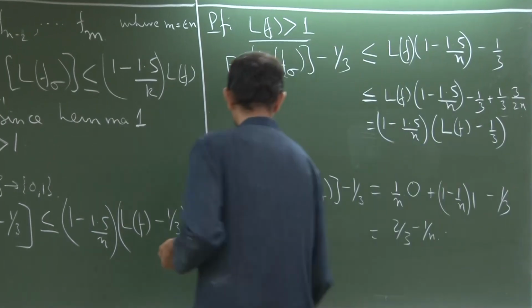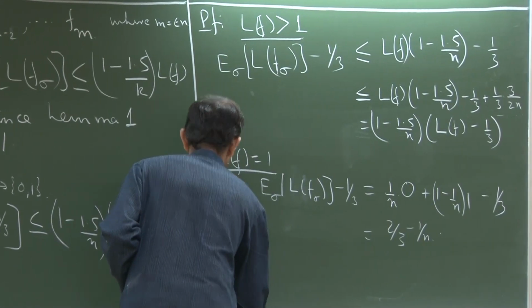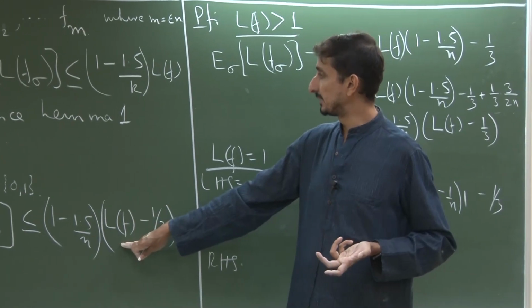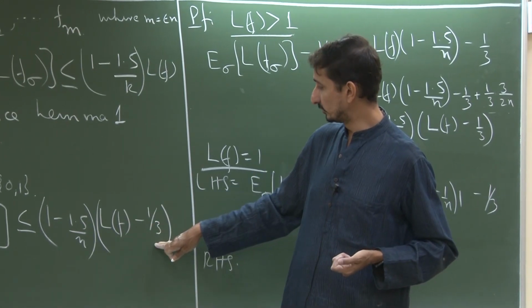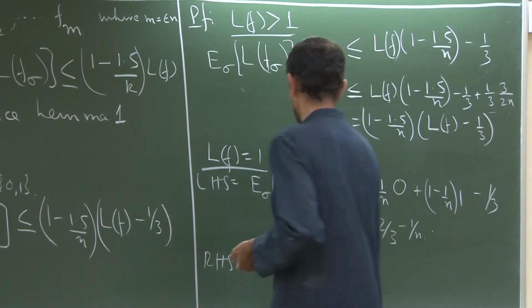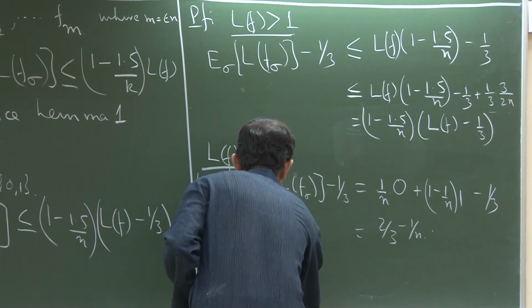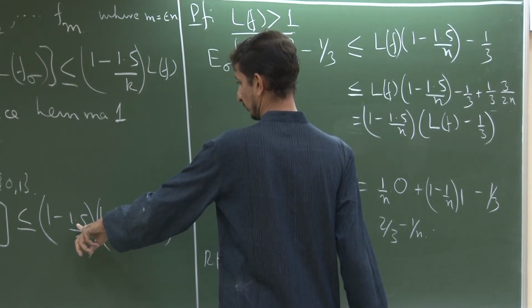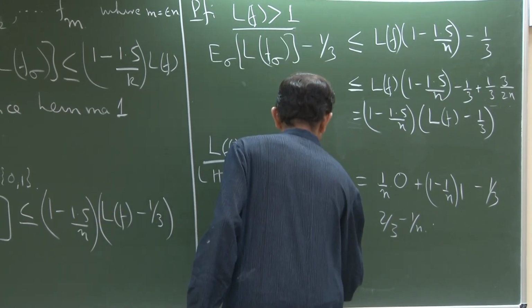Now, what about the RHS? We know that L of f is equal to 1. So, 1 minus 1/3 is 2/3, and 2/3 into this quantity is 2/3 into 1, which is 2 by 3, minus 2/3 into 3 by 2n, which is nothing but 1 over n.